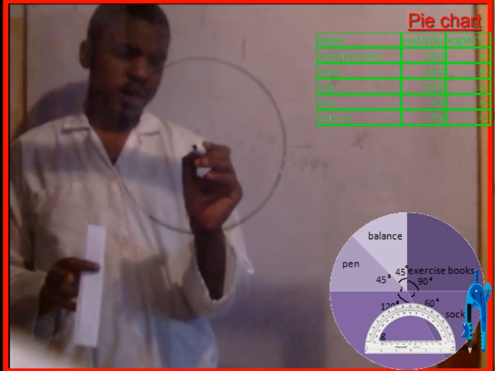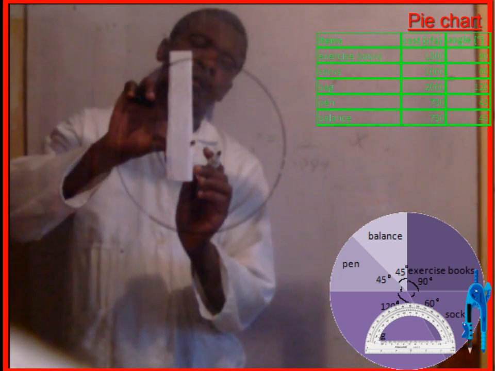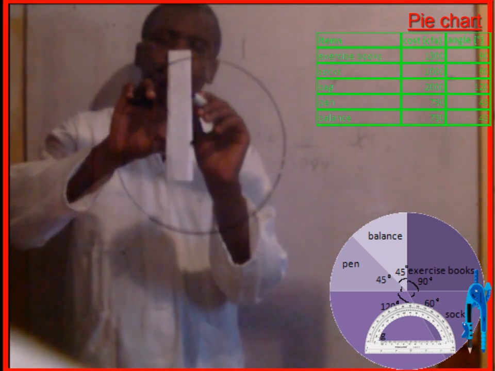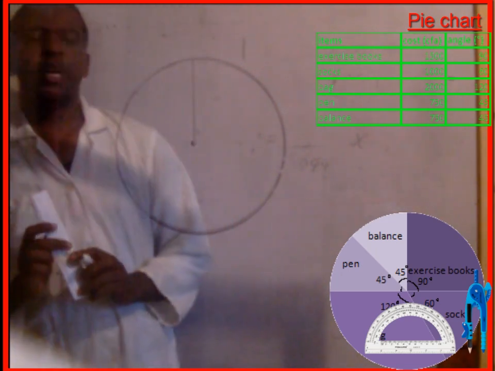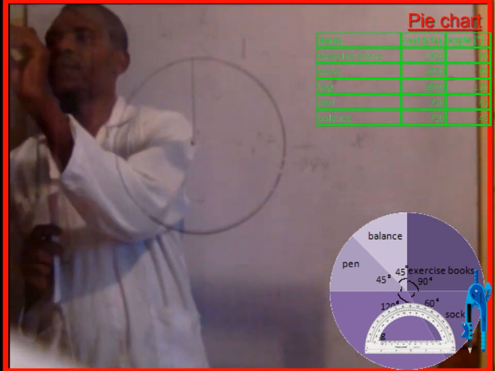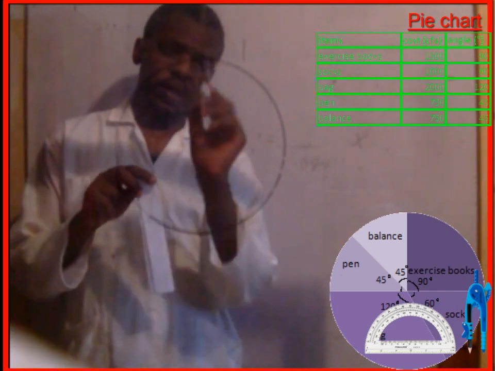I start by marking the center of the circle, which is here, and then I draw a starting line. Now I begin with the first sector. The first sector measures 90 degrees. So this is 90 degrees.